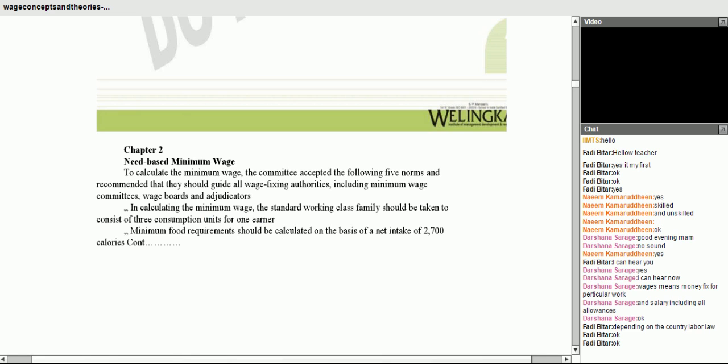Okay, means normally we assume that in every family there are at least 3 people. One is the earner and 2 other people. So minimum food, and in fact it is 3 plus 1, 4. So minimum food requirement should be calculated on the basis of net intake of 2700 calories.